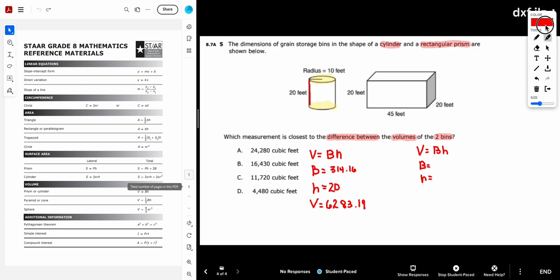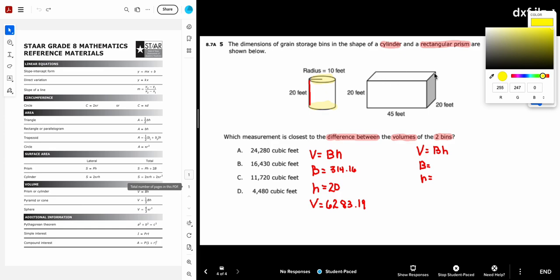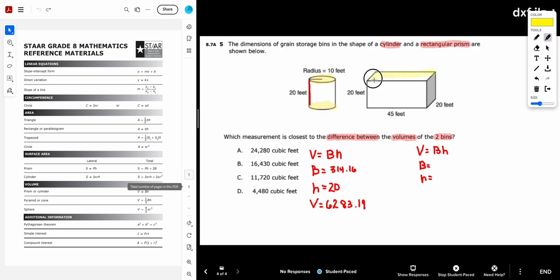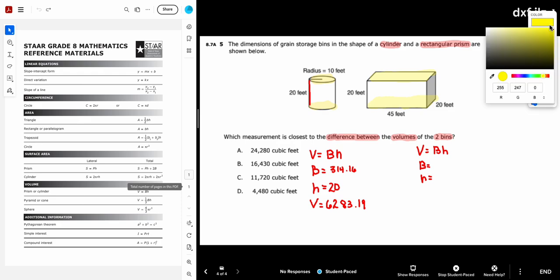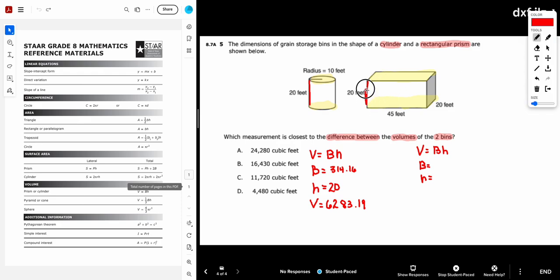So I'm going to make note of my bases. Again, it does not matter which side you use for the rectangular prism. You're going to end up with the same answer no matter what because all sides are rectangles. And because I chose the top and the bottom, the height from base to base is 20. I'm just going to go ahead and add that one in next to the height.